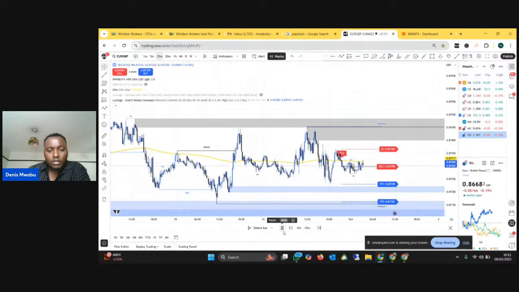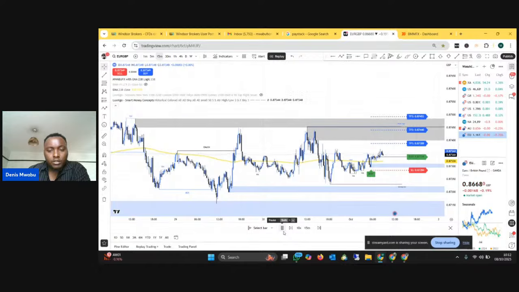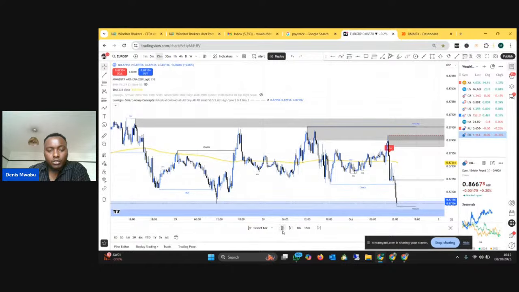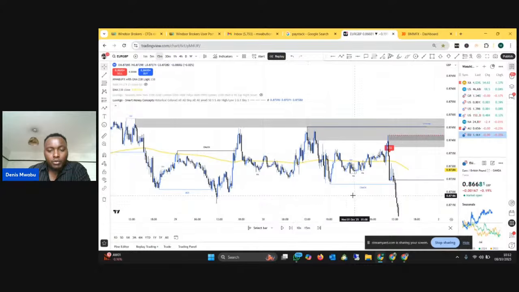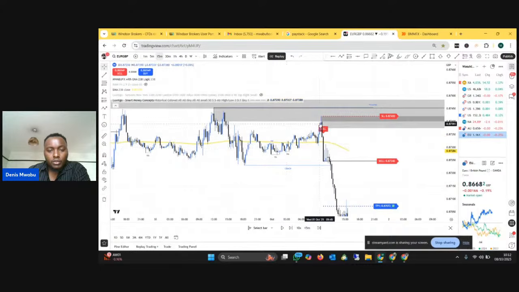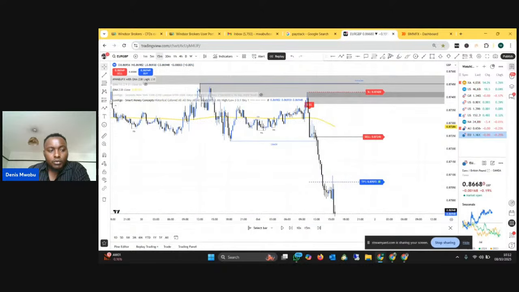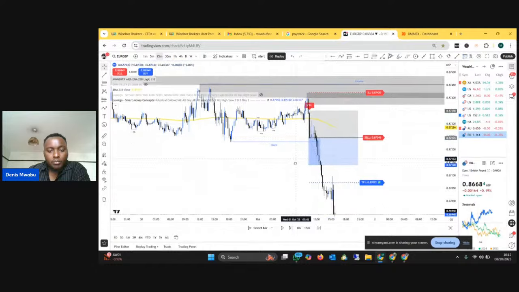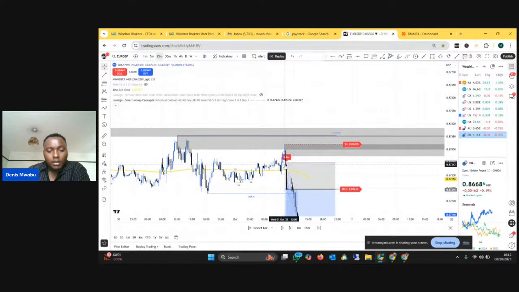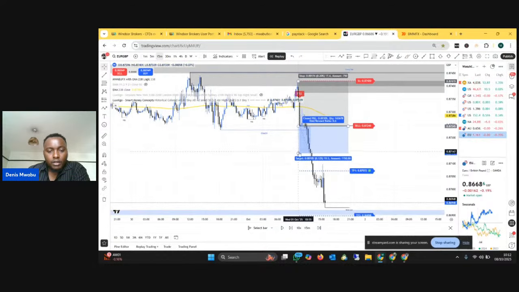After it got retested, let's see. Okay, you can see price was able to come back to this zone and retested it. After price retested that zone, this is when we had a sell position, and the stop loss is there.